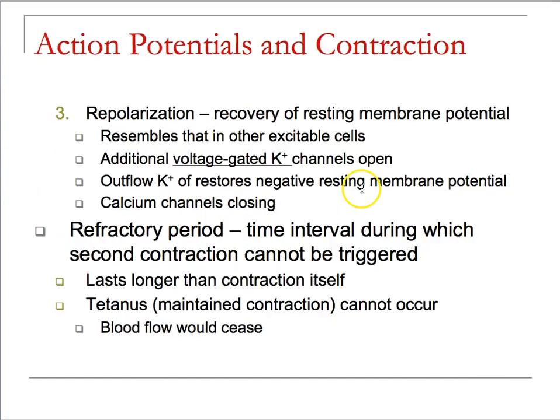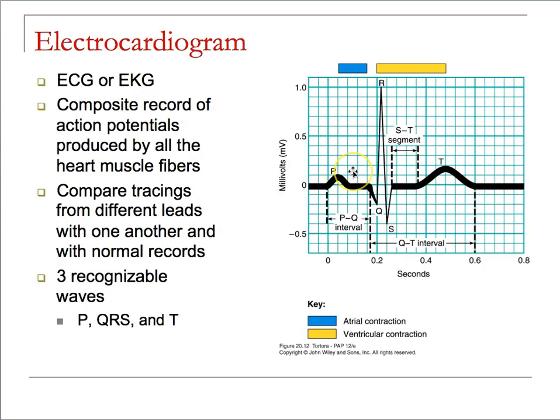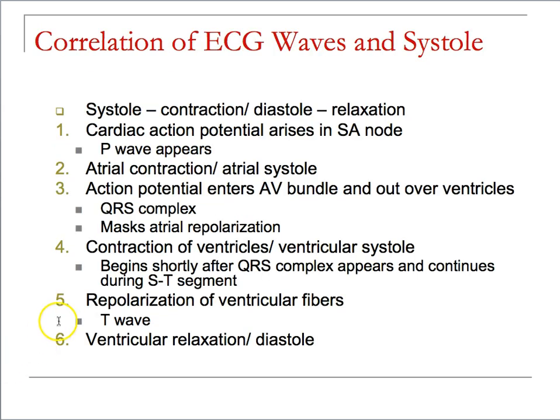That electrical activity is what I was just talking about, and that's what masks the repolarization of the atrial output here. Okay, repolarization is that T wave, and then ultimately you actually have ventricular relaxation, and that is diastole. Okay, where are we going to go with this now?